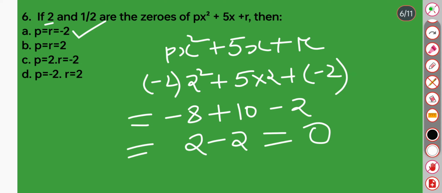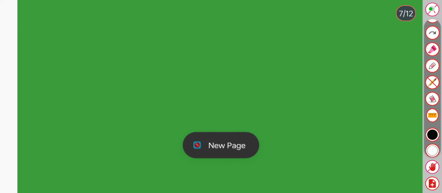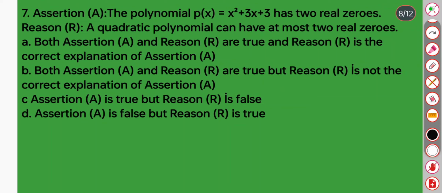Okay, similarly, let's move to the next question. Question number 7 is assertion and reason. So assertion, what is given? The polynomial px equal to x square plus 3x plus 3 has two real zeros.